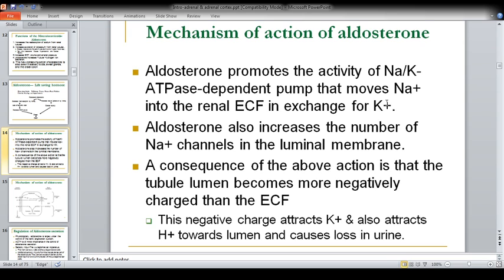So there is one pump, the sodium potassium ATPase, where sodium is being pumped inside and potassium moved outside via use of energy. Then there are simple sodium channels where sodium is being pumped in and negative charge is acquired, which attracts the potassium, and then potassium is excreted out.